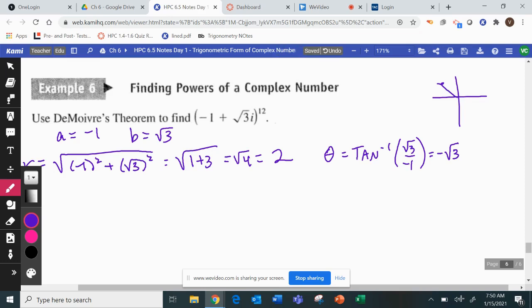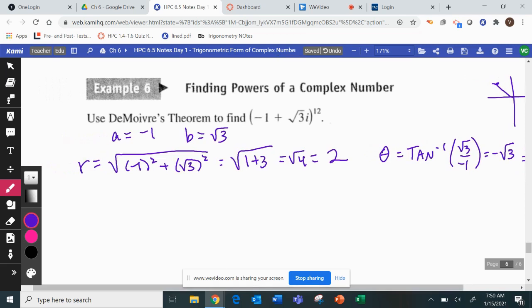So this is going to be a 60-degree reference angle, 2 pi over 3. So we've got our theta. Now our z is going to be 2 times cosine 2 pi over 3 plus I sine 2 pi over 3.